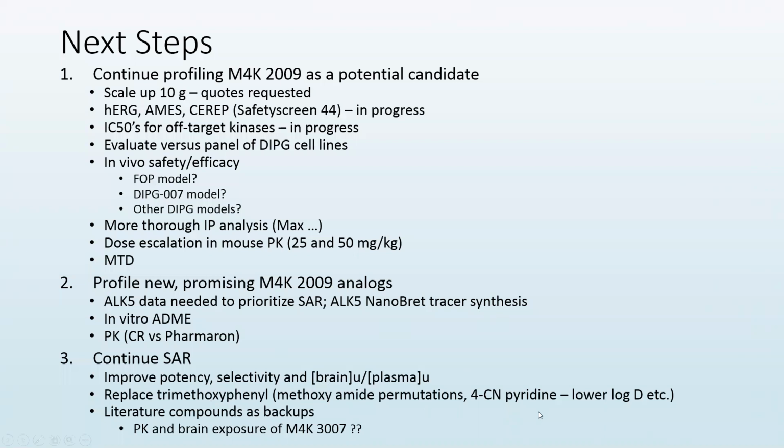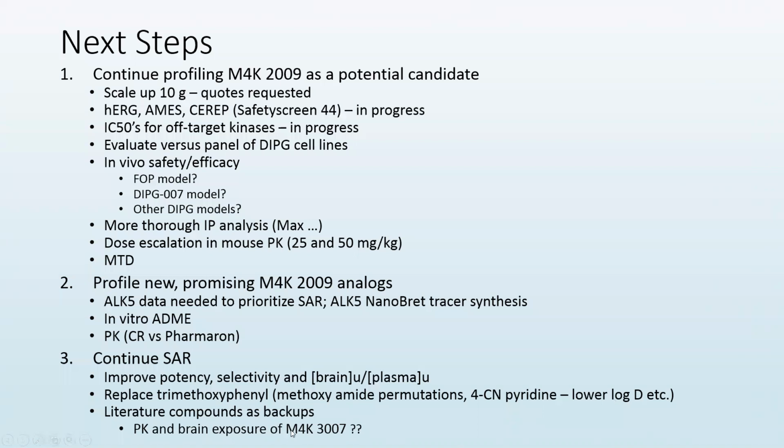And we'll have M4K 2009, that's kind of a high binder, and if we can identify another compound that has a better ratio there, and move that through a similar battery of experiments, we'll be able to tell how important that actually is in these models.